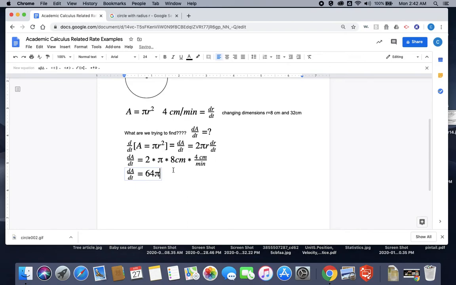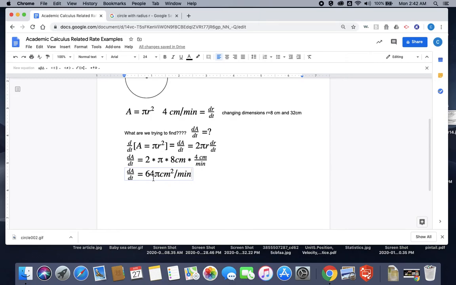Now let's take a look at our units here. We've got 8 centimeters times 4 centimeters. That's going to give us centimeters squared. And our denominator is still units of minutes. So we've got a solution here of 64 pi centimeters squared per minute.